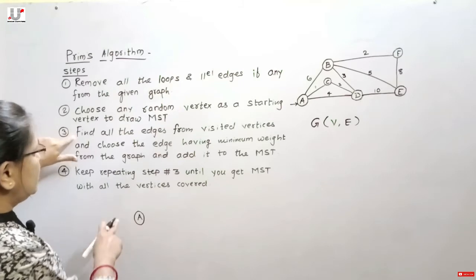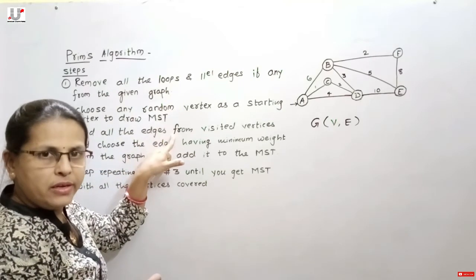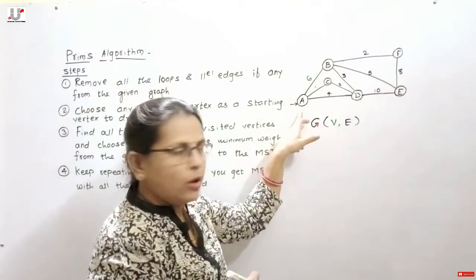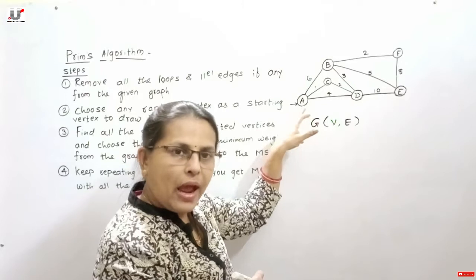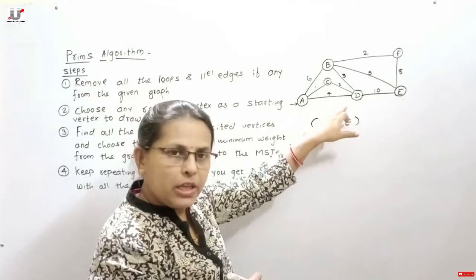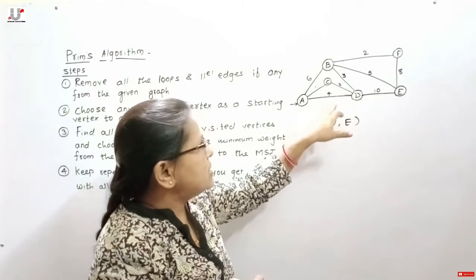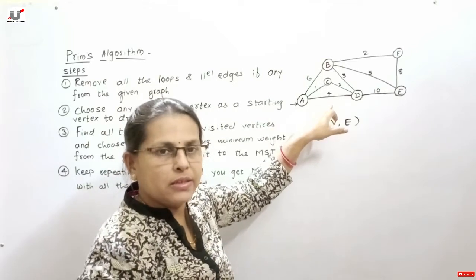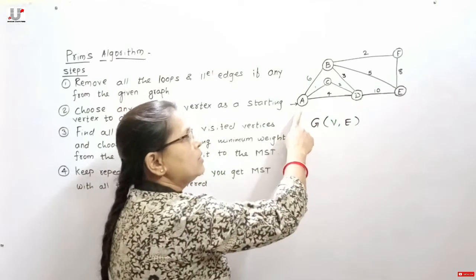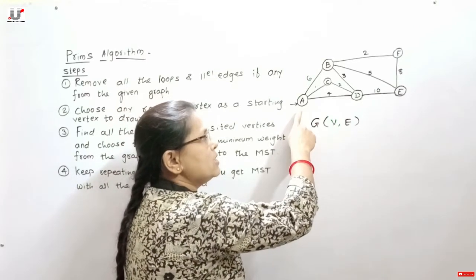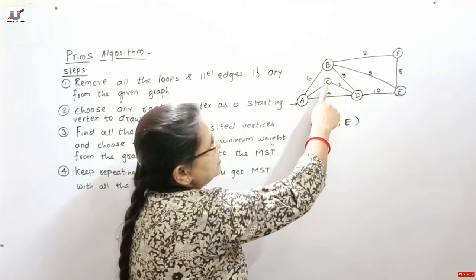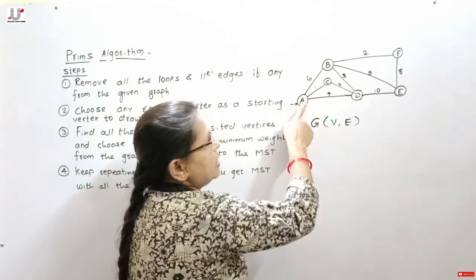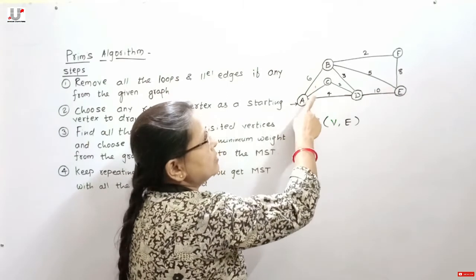Then step number 3, you have to find all the incident edges or adjacent edges of A, or outgoing edges of A. As the graph is not directed, the adjacent or incident vertices of A are B, C and D. Then check the weights.